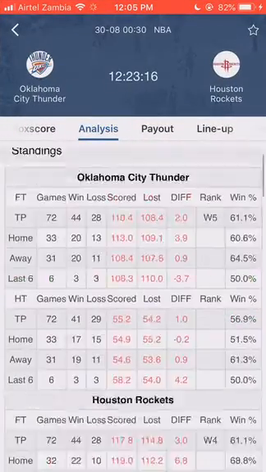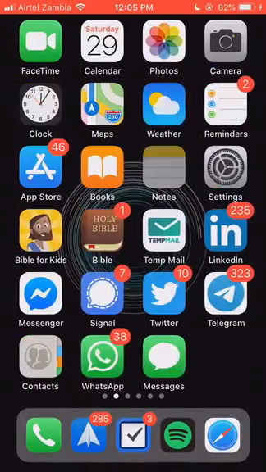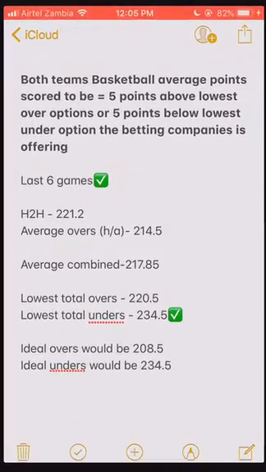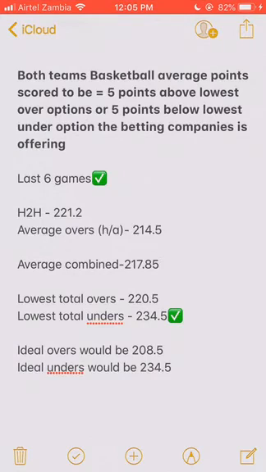The average is calculated, it's 106.3. So I'm just adding the two together to get a context of what the average has been. And then I add those two numbers, 214.5 and 221.2, and divide them by 2. That gives me the average combined. It gives me a general idea between games they've played and their recent form, where they're at.